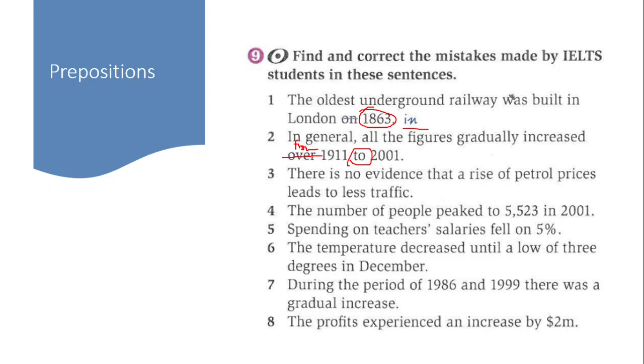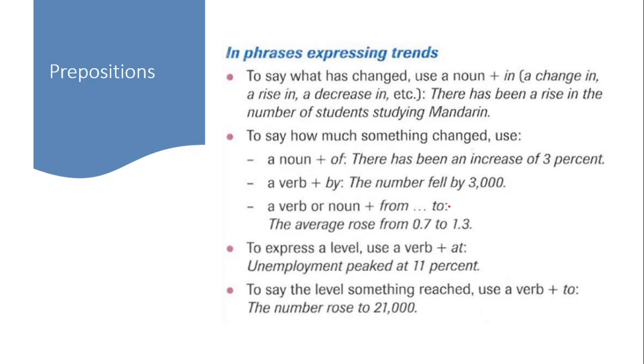Sorry, there's no evidence that a rise of petrol prices leads to less traffic. Look at the preposition of. When do we use of? Oh, sorry, I missed this one, yeah?